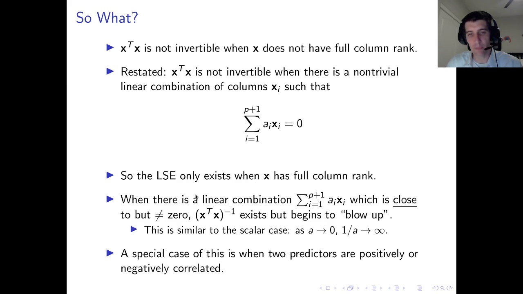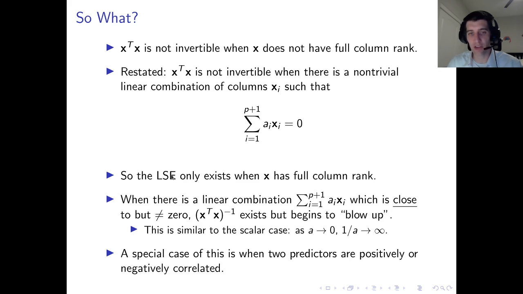But if we have a linear combination which is close to 0 but not equal to 0, so we can get very close to 0 with this linear combination, then X transpose X inverse exists, but it begins to blow up, okay?